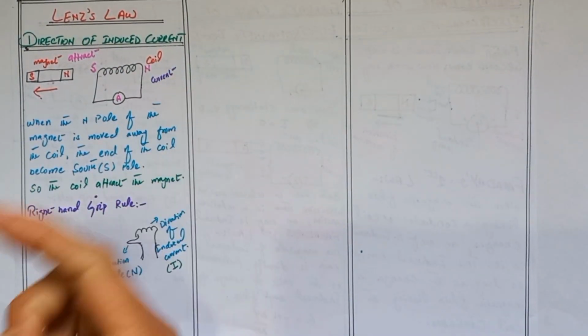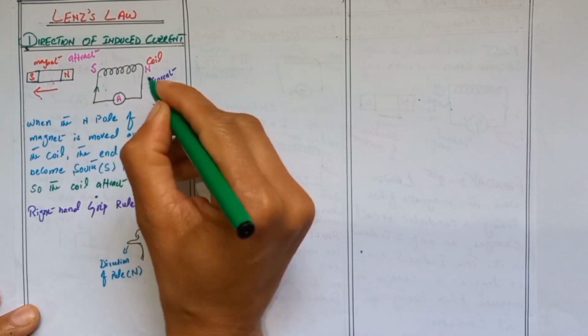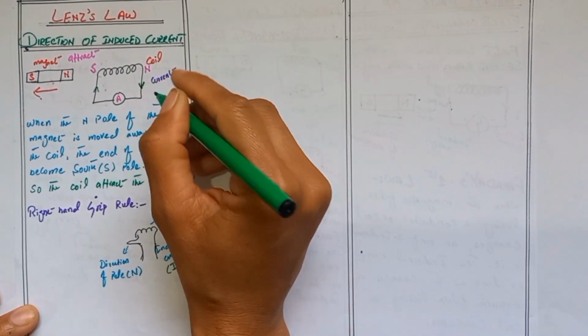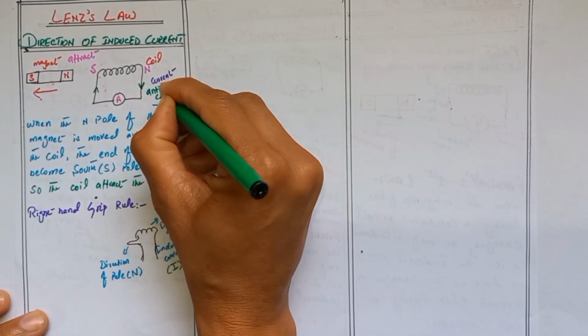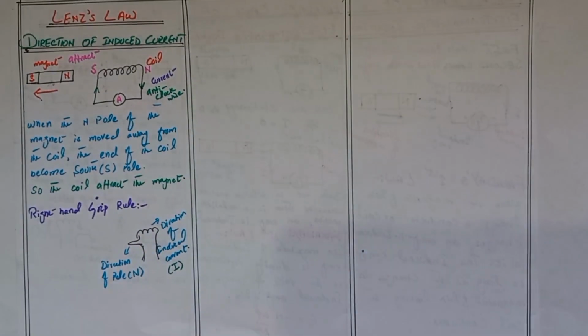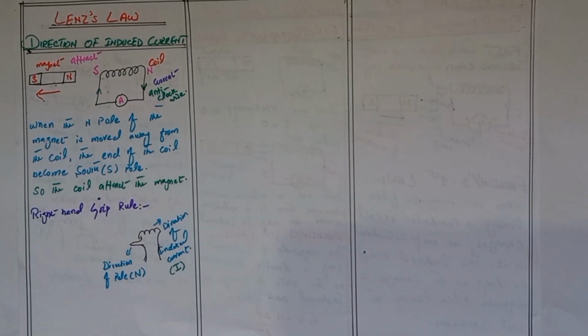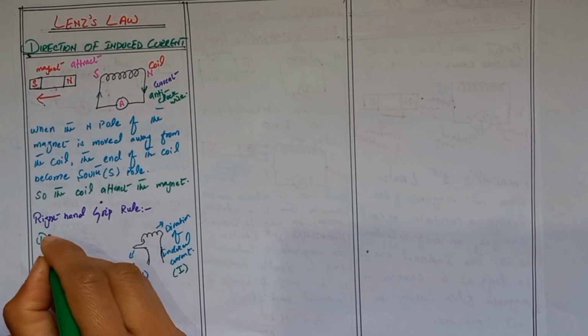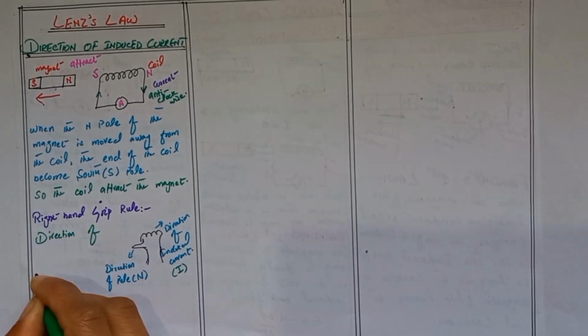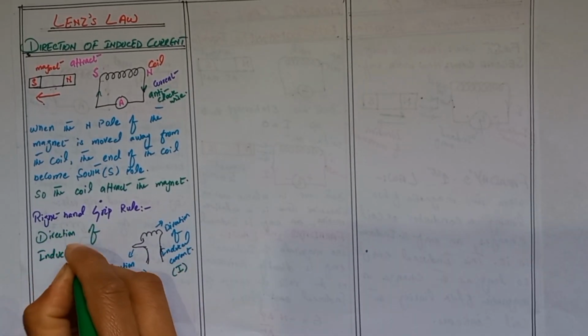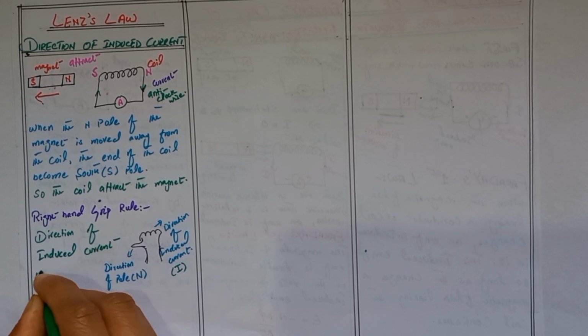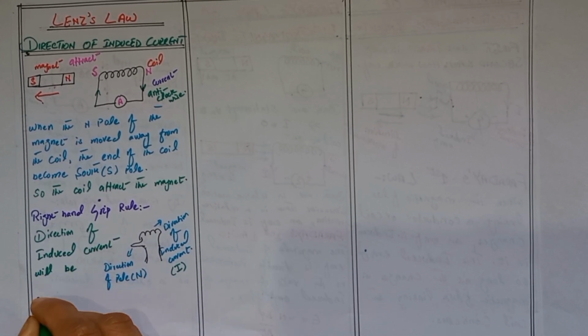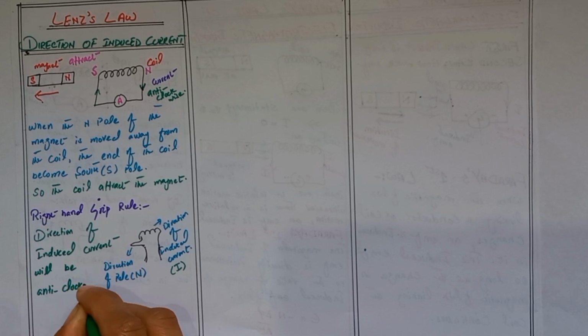When the thumb is in the direction of the north pole, our current flows in the anti-clockwise direction. So we write: direction of induced current will be anti-clockwise.